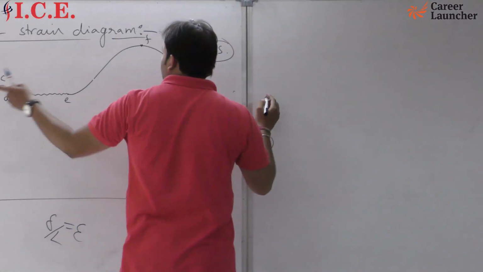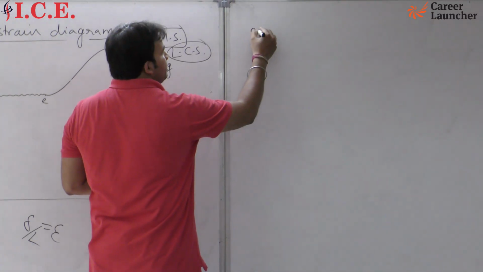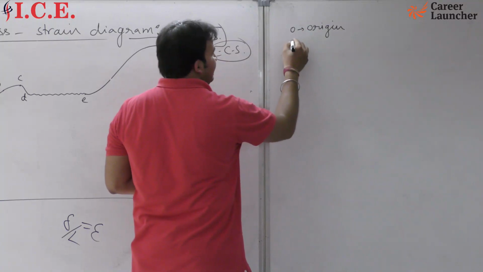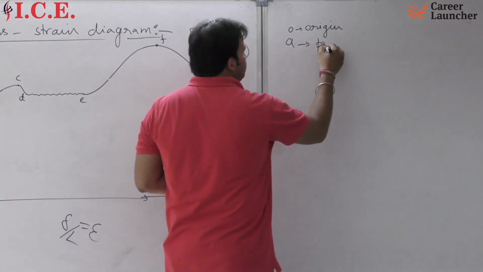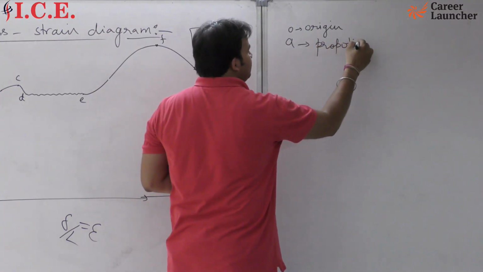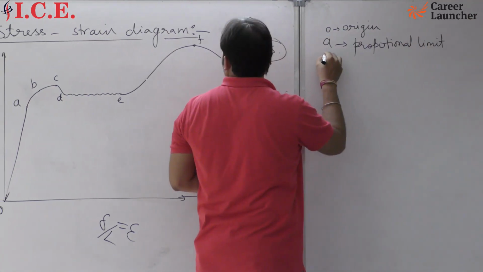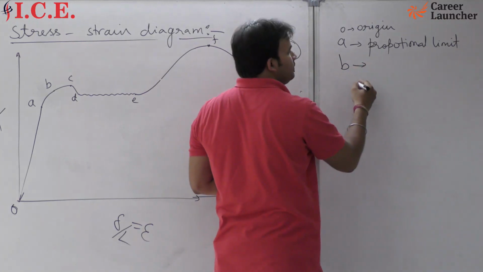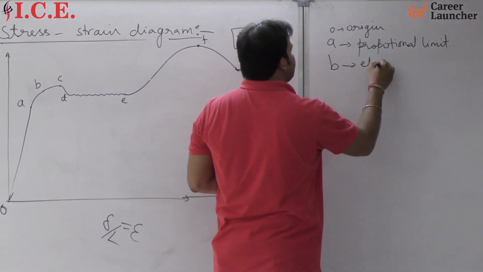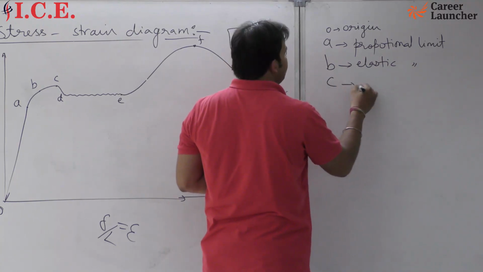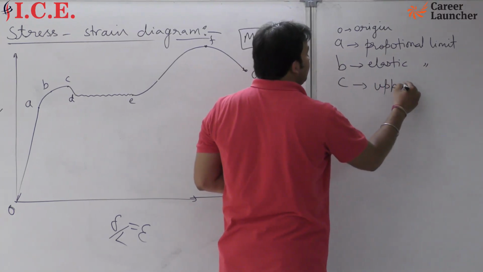So here O, origin you can say, A, proportional limit, B, elastic limit, C, upper yield point.